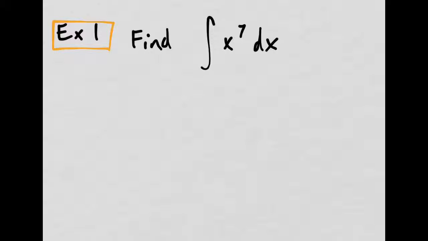Here we're going to find the indefinite integral of x to the 7th, just a simple polynomial. That just means find the antiderivative, find the step before this. There's a really simple way to figure this out, but let's just think. If we have a function, so don't write this down.